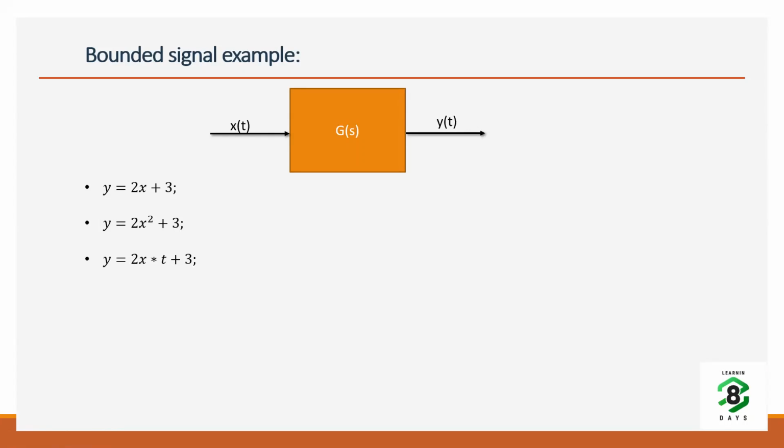If I draw it on the time scale, even if x is constant, it will keep growing, and of course the system will have some limitations, and at some t equal to infinity, definitely this signal is going to be an unbounded signal. It is going to cross the output range.